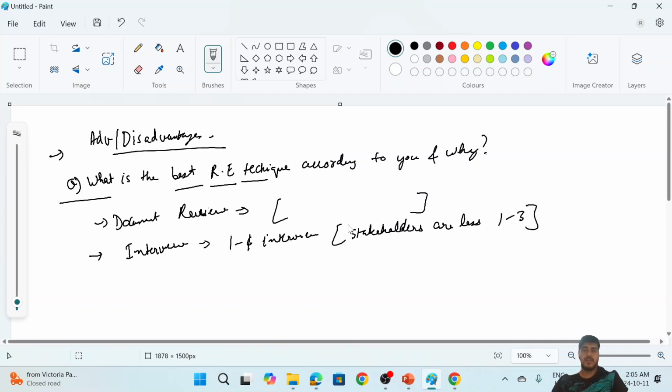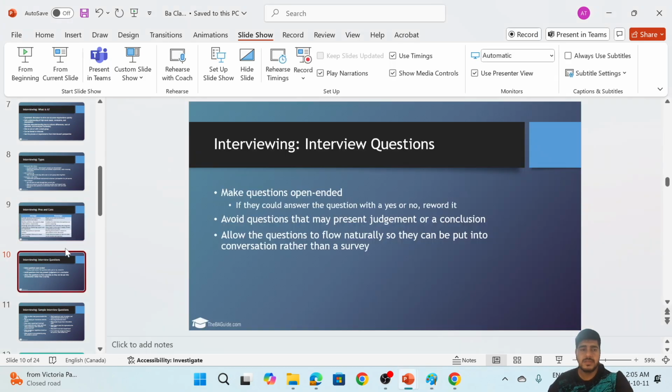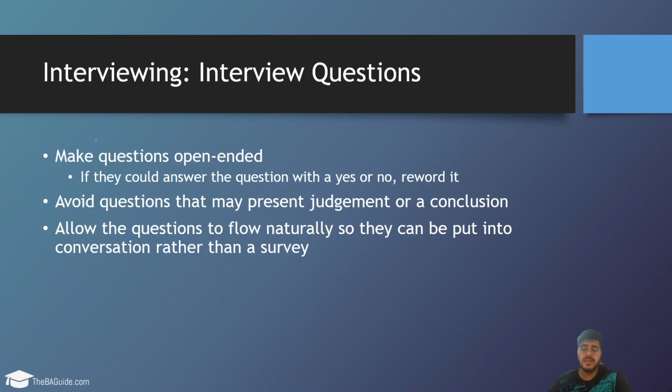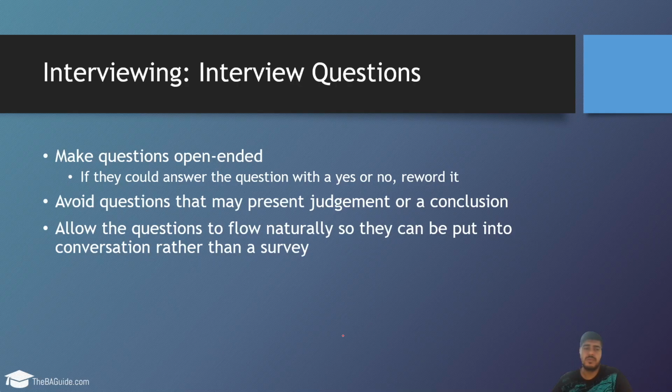Because if you have a lot of stakeholders to talk to and everyone has a different perspective, it will be very challenging to create the document, analyze it, and finally figure out what to do. The transcription and analysis will be very complex if the stakeholders are more than 3.